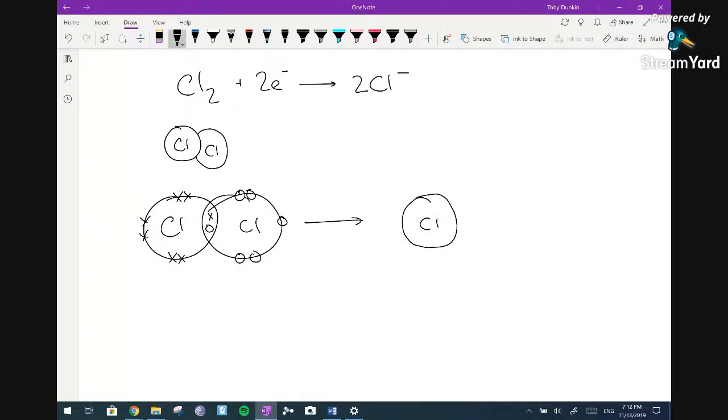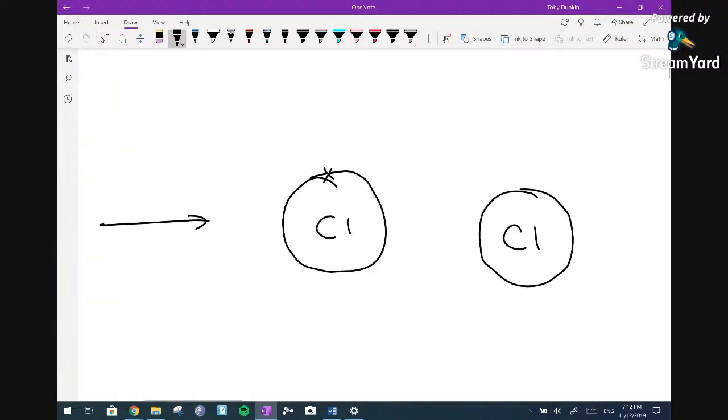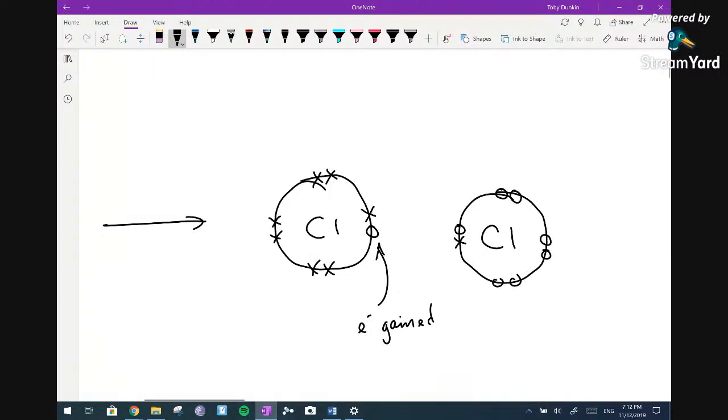The molecule is being split, and instead of having to share their electrons with each other, they will gain an electron, and you can see that there. This is the electron that's been gained. And the other guy, of course, will do exactly the same thing. It's nice, what I'm trying to represent here by putting them in that particular area.